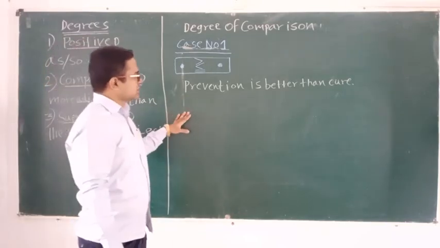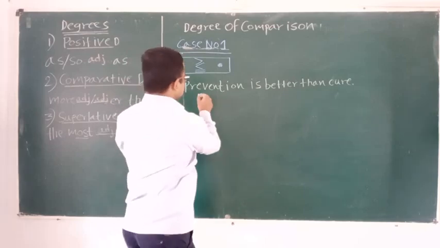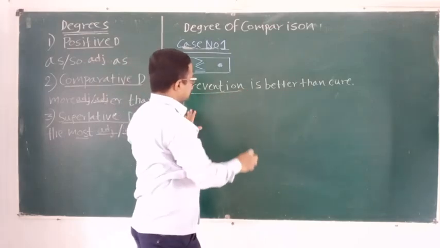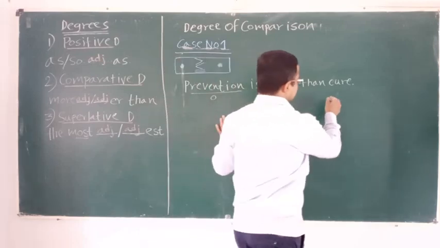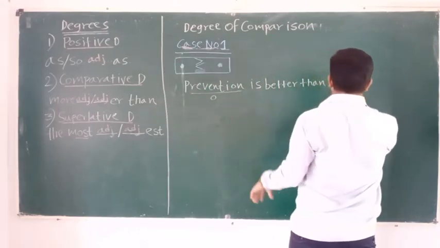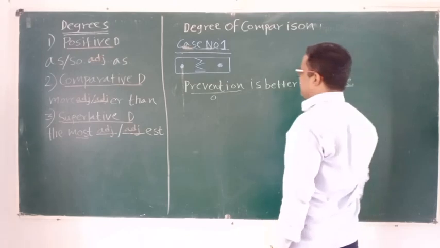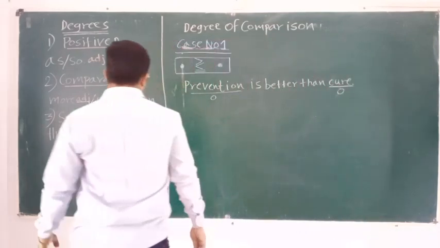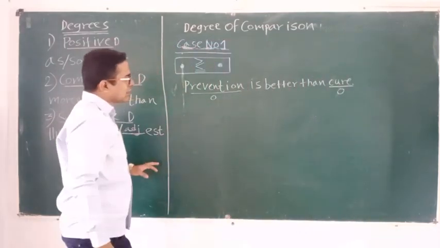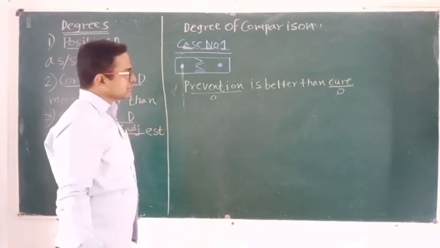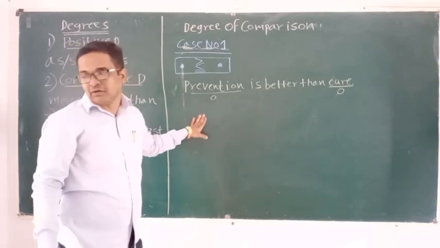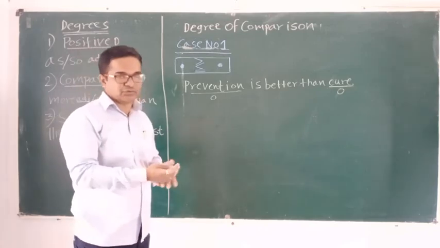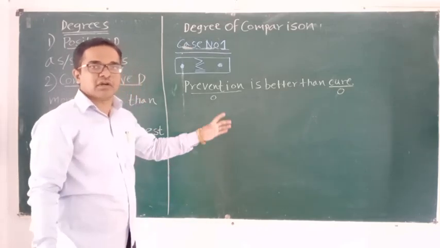In this sentence, prevention is the first object, and this is the second object. Before solving this sentence, we have to see some rules.